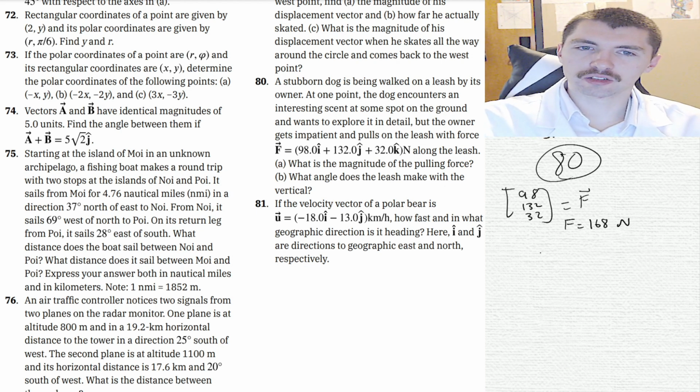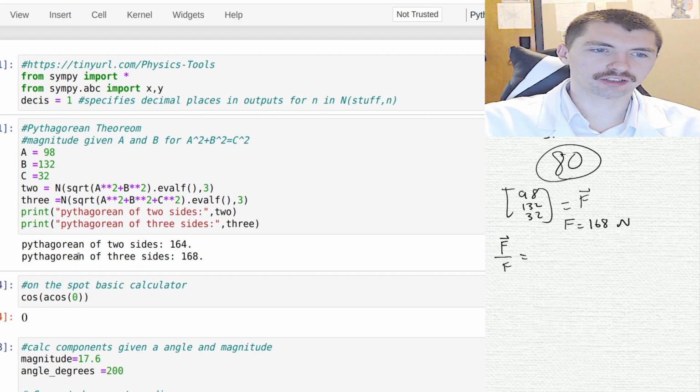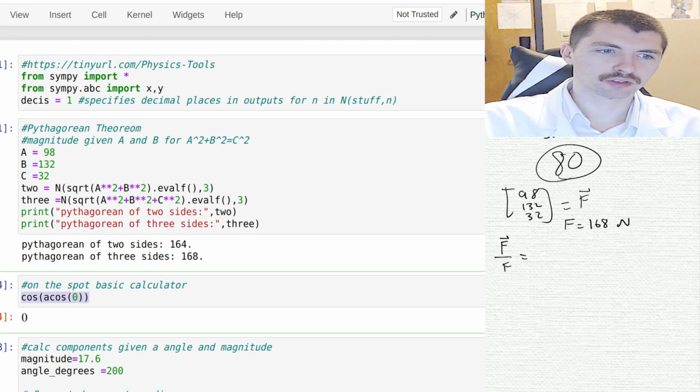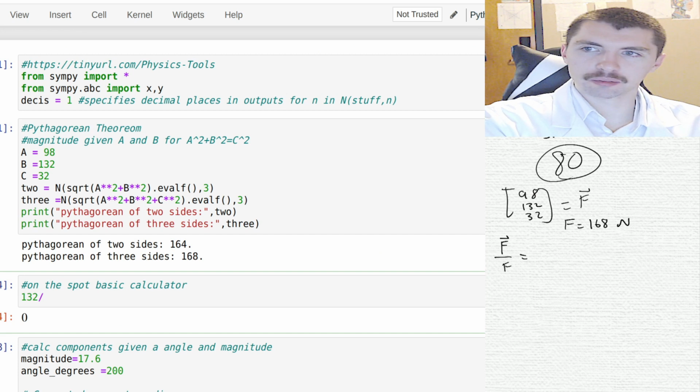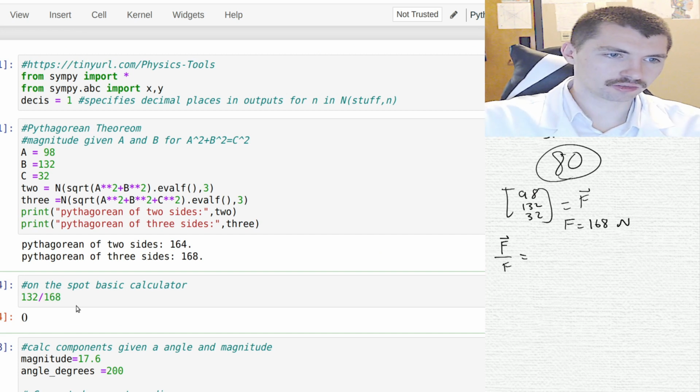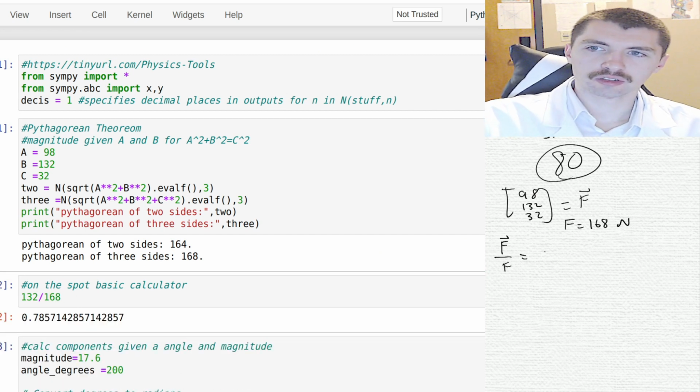Okay, what angle is it making with the vertical? So I think we do 132 divided by 168. 0.8J.